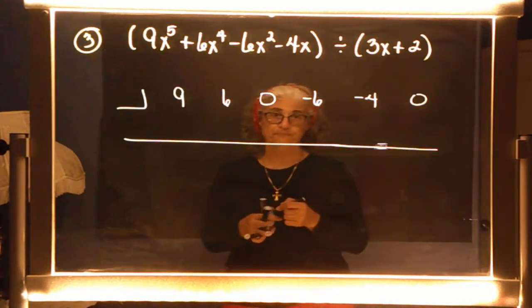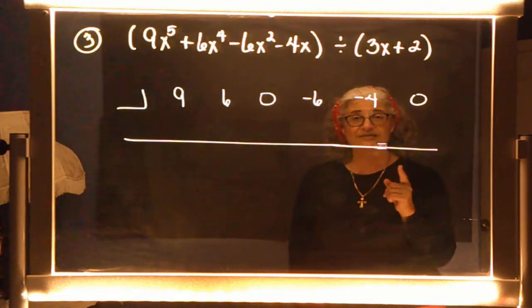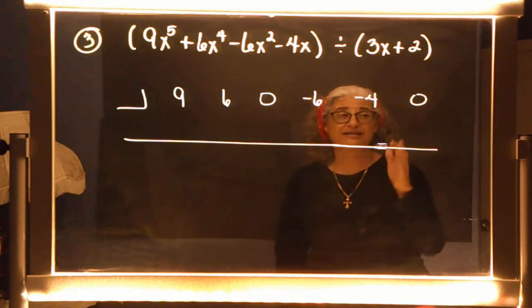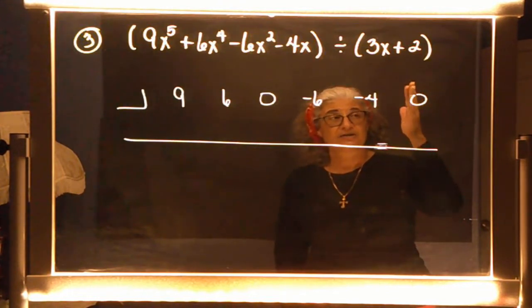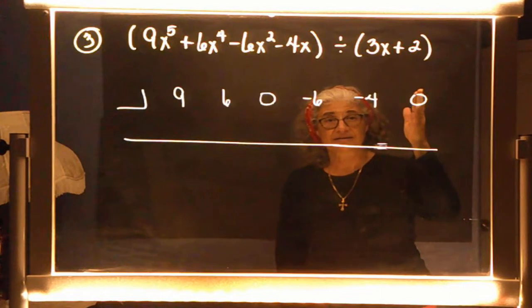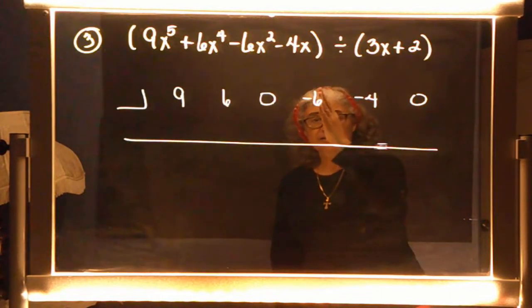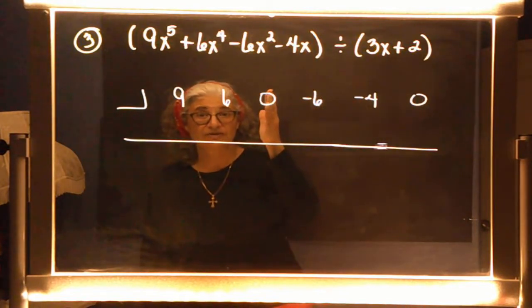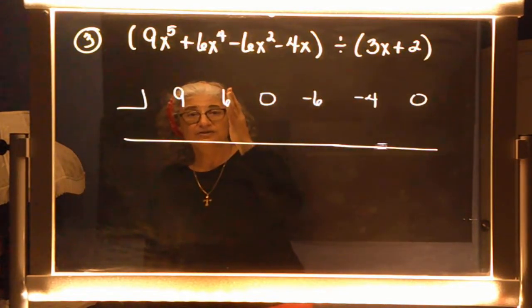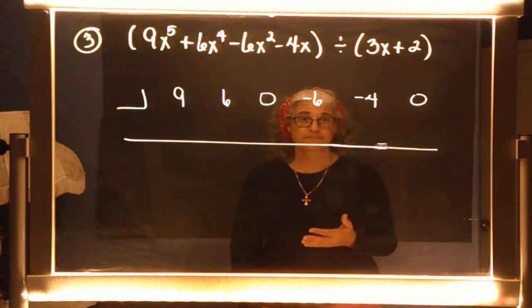With me? Now, as I mentioned, here's what synthetic division actually sees. It knows this very last number should be the constant. So that has no x's. The number to its left, x to the first. The next to the left is x to the second. The next to the left is x to the third. The next one, x to the fourth. The next one, x to the fifth. Are you with me?